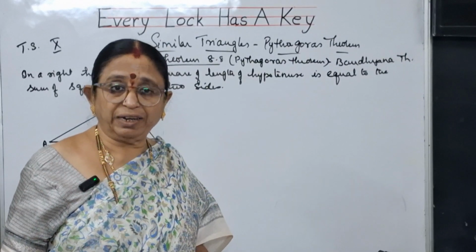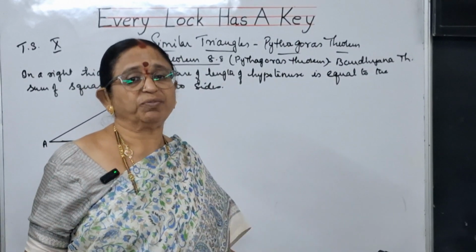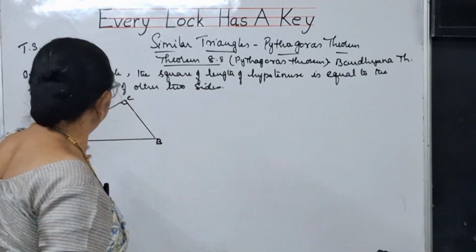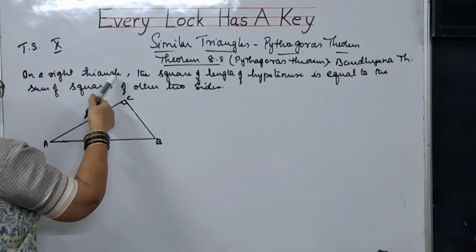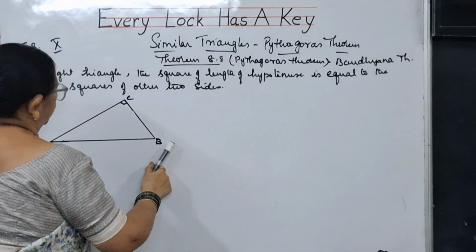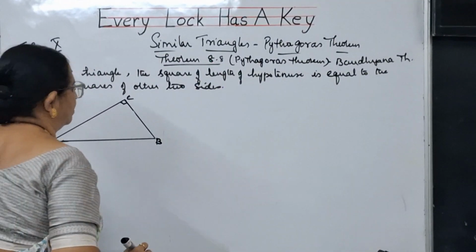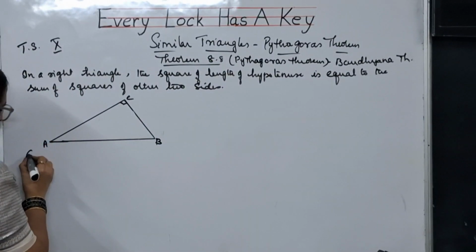In a right triangle, the square of the hypotenuse is equal to the sum of the squares of the other two sides. That is same, children. This is given to us. So this is what you need to prove.